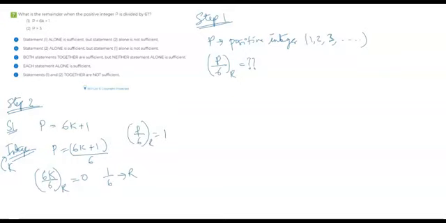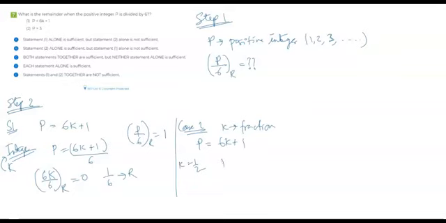But we need to consider another possibility. The other possibility, case 2, is that k could be a fraction or a decimal. In that case, the answer could be anything, and the value of p can be anything. For example, let's take k as 1 by 2.